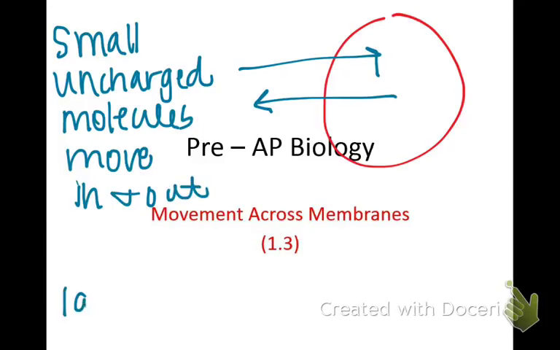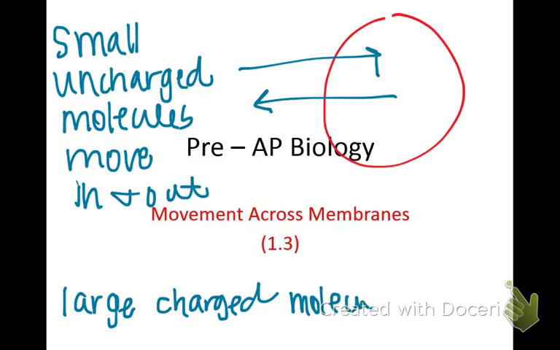Okay, large molecules or ions, charged particles, we'll say molecules to make it match, can't travel through. So if you're small and uncharged, so you don't have a positive or a negative charge, normally you can flow freely. If it's large and charged, it can't.